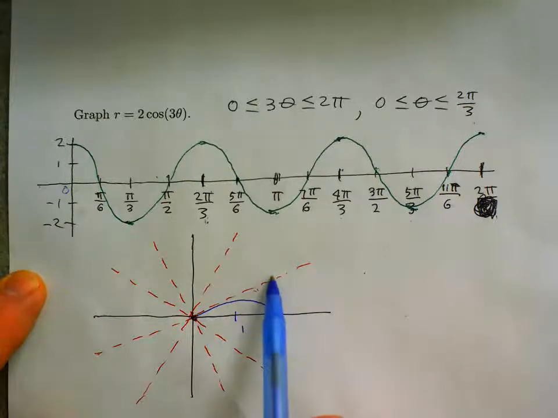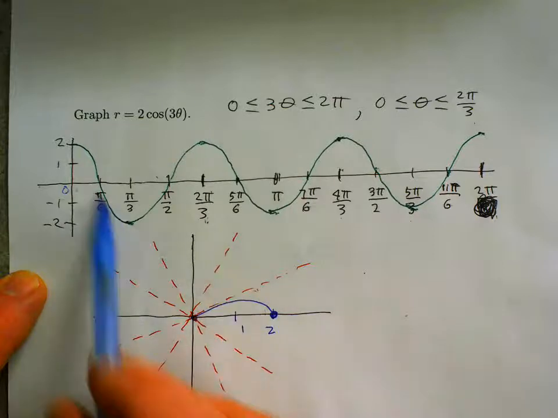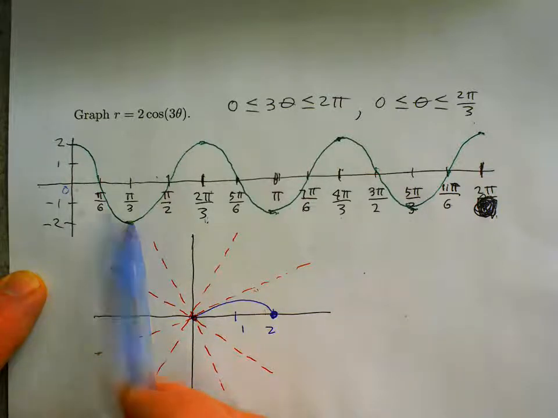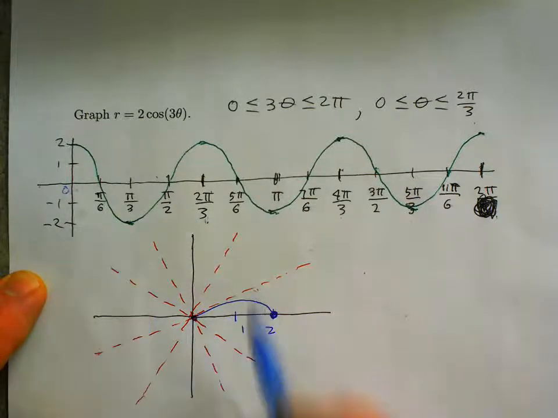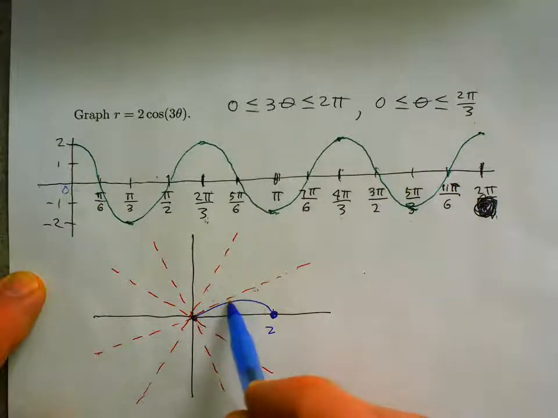Between pi over 6 and pi over 3, the R values are negative, and they go down to -2. So since the R values are negative, we have to sketch the graph in the opposite quadrant.